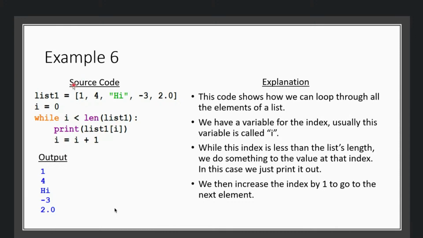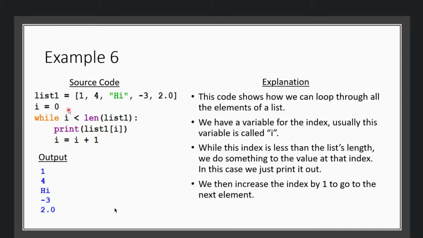Okay, so we created our list of 5 elements, 1, 4, high, minus 3, 2.0. Then we make i equal to 0. So then I said, while i is less than the length of our list, the length of our list is 5 elements. So I'm going to print out list 1 and I'm going to index i, because I know I'm going to be changing the value of i each time, which will allow me to print out each individual element in my list.